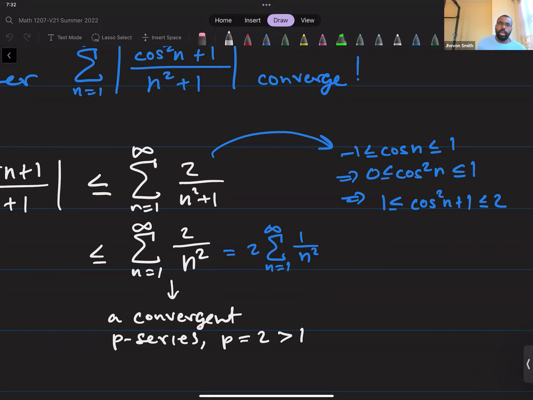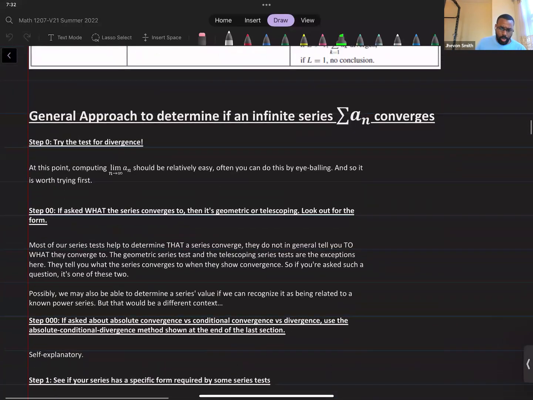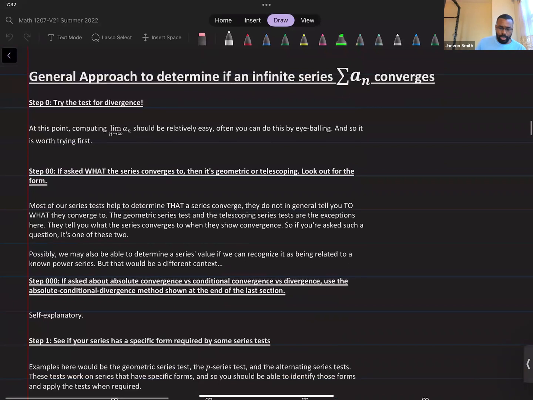There are also times, and this is true with integrals as well, that multiple methods can work, but one is more efficient than the other. And you want to not waste your time doing needless calculations. So that's what we're going to deal with. How do we know a general approach for determining series? The art of determining series convergence, like we had the art of integration.